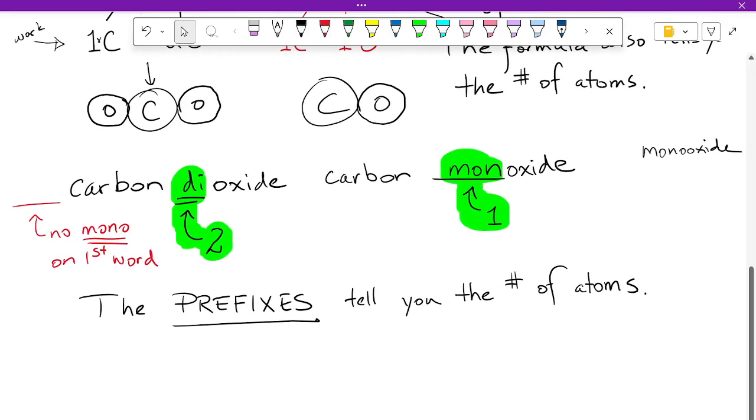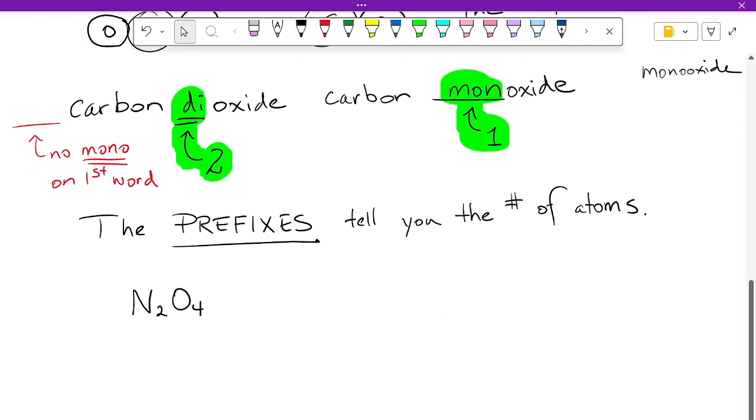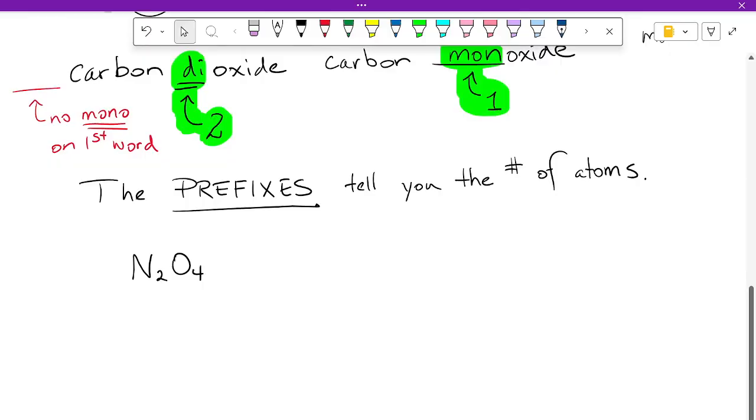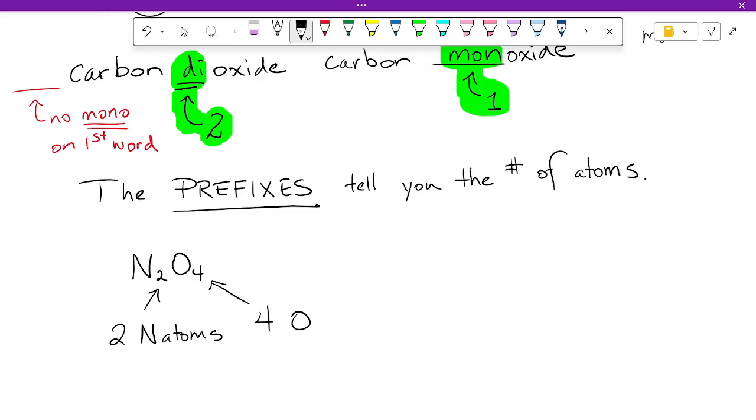Yeah, so let's give an example where we have, let's say, N2O4. So we have a 2, so we have 2 nitrogen atoms, and we have 4 oxygen atoms.